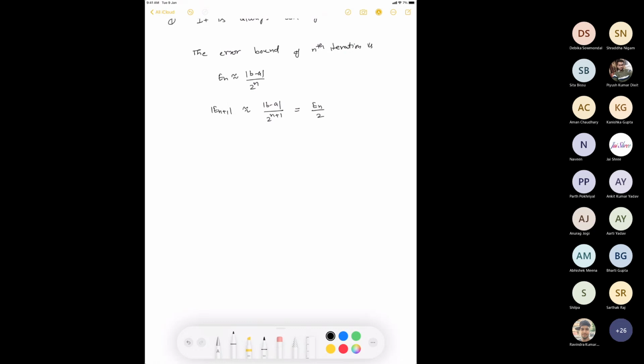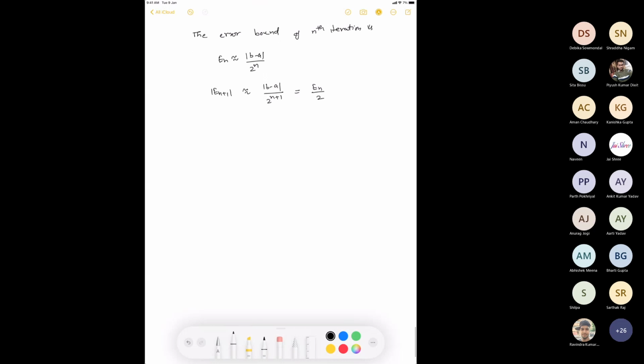So what does this say actually? In terms of the convergence, can you say something? We have seen a definition of the convergence of the iterative methods, right? Can you relate this to that? Can you say that the error converges linearly, quadratically? What is the order? The order is 1. This is a linear convergence, right? So the error converges linearly.